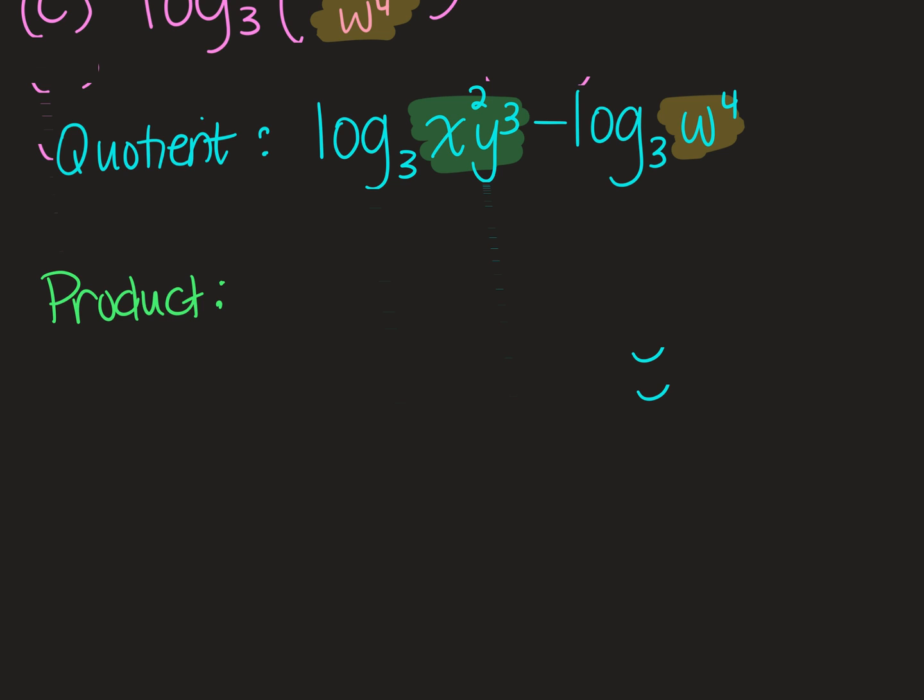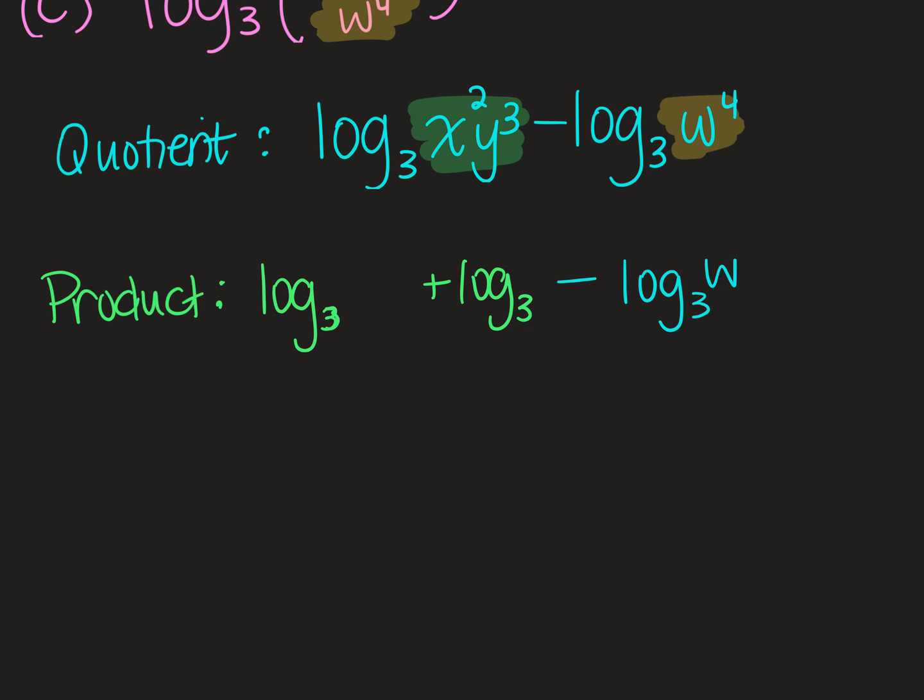So I would write this as the log base 3. I know I'm going to have 2 logarithms with the same base that are going to be added together. I'm not going to do anything to that last logarithm. I'm just going to leave it as is. Okay, not changing that last one at all.